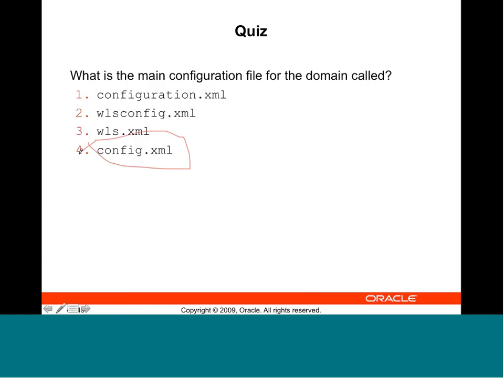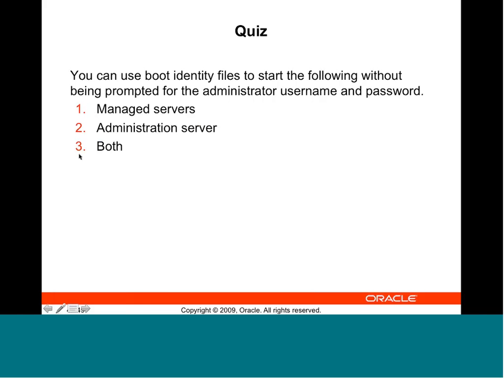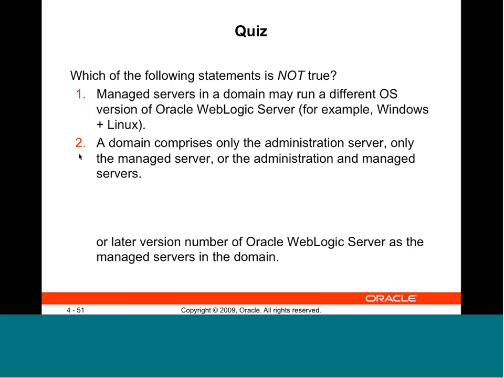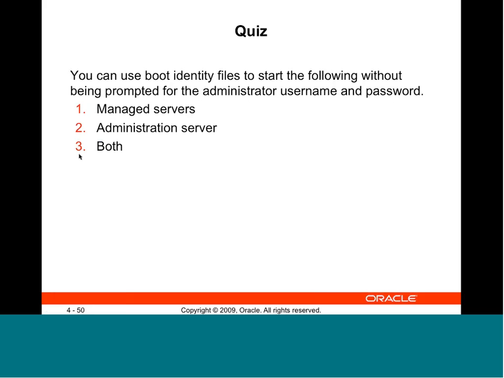So we are ready to go with two different exercises or labs now, which we will do in the next session. First one is installation on a Linux box, because you told that you'll be using some Linux box. And second is creating a domain.